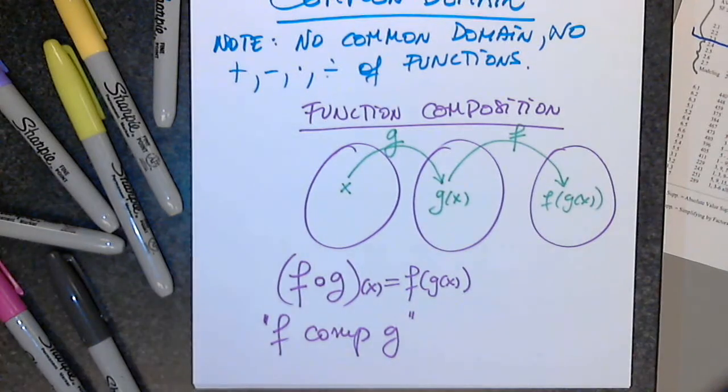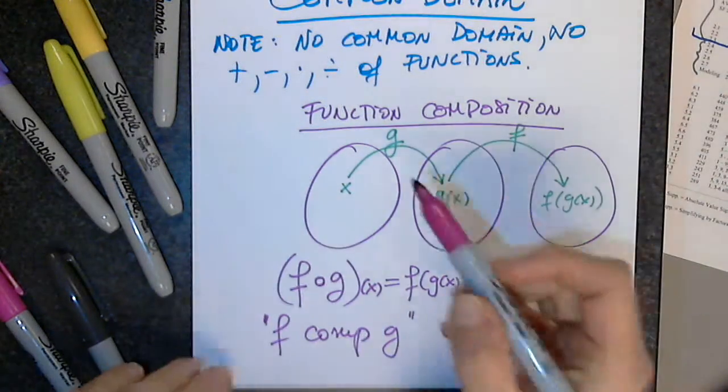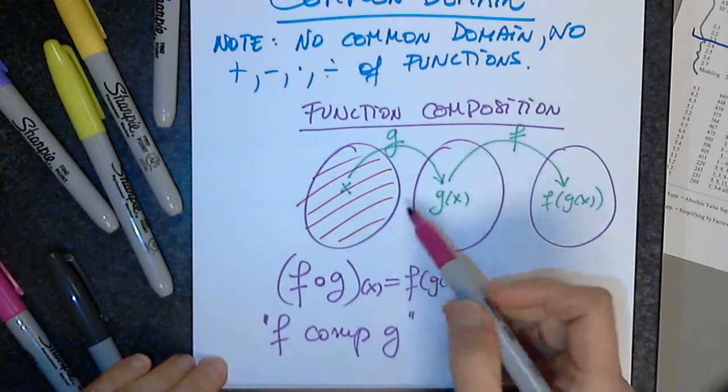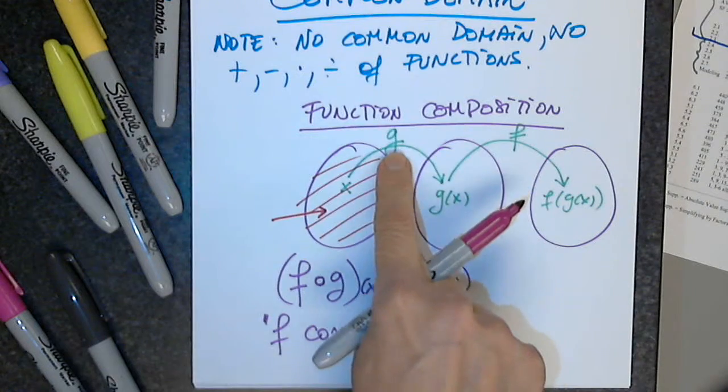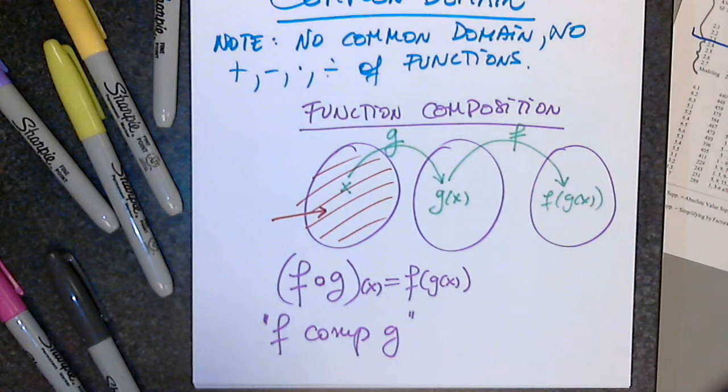But what can go wrong here? Can anyone identify this set for g? What does this set represent for g? Where we pick values of x for a function, the set is called the domain. We used it several times today.